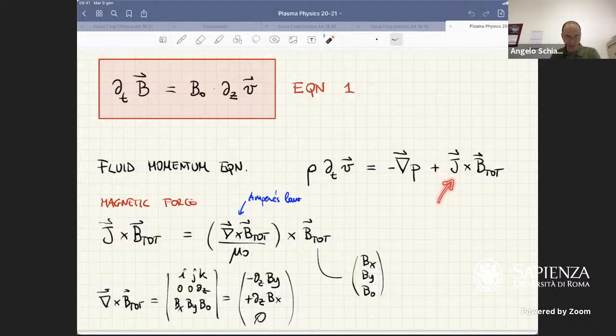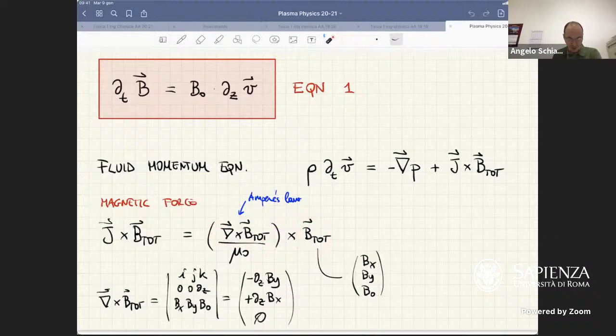We start working on the magnetic force, which is composed of the current density and the total magnetic field. In order to compute this term, we use Ampere's law to express what the current density J is inside the plasma, and we find out that we have to compute the curl of the B vector, the total magnetic field.